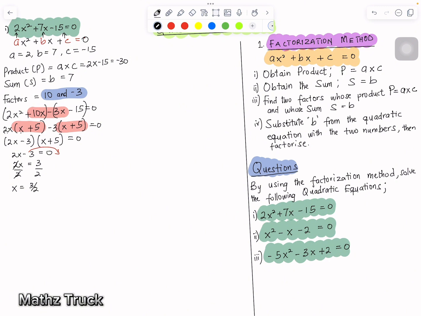Then we tackle the other one in the other bracket, which is x plus 5 equals 0. Find x. Since we have x, the 5 being positive becomes negative when it crosses the equal sign during the grouping of like terms. Now we have x equals negative 5.